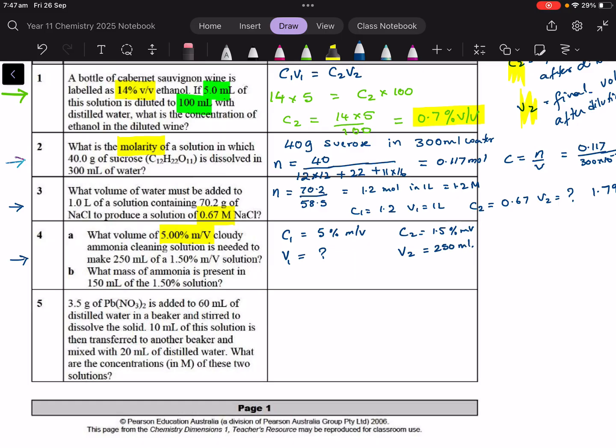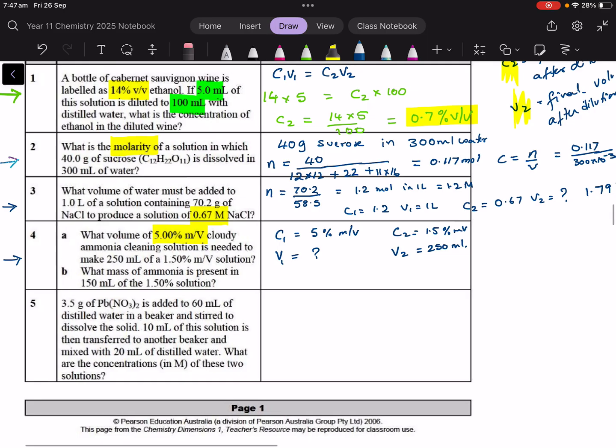So you're going to go ahead and find the volume that you need to take of the original solution, again using C1V1 is equal to C2V2. And then the second part is asking you to calculate the mass of ammonia present in 150 mils of the 1.5% solution.